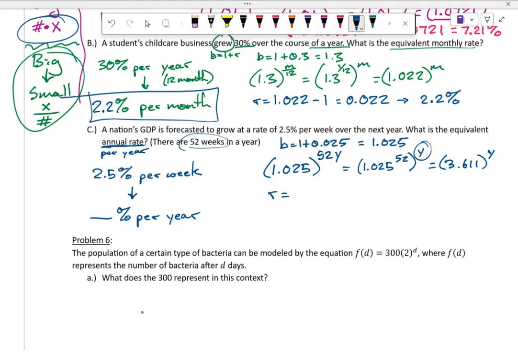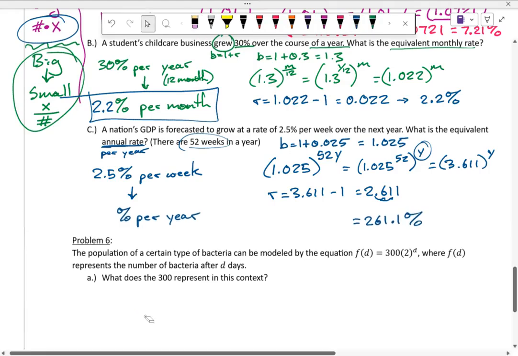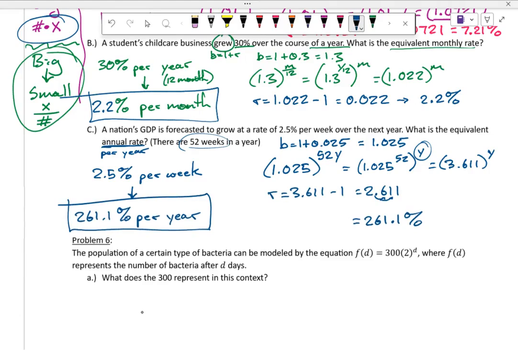To find my rate, I'm going to do the 3.611 minus 1. That gives me 2.611. What is that as a percentage? We move our decimal place twice, and that would be 261.1%. So 2.5% per week is equivalent to 261.1% per year.